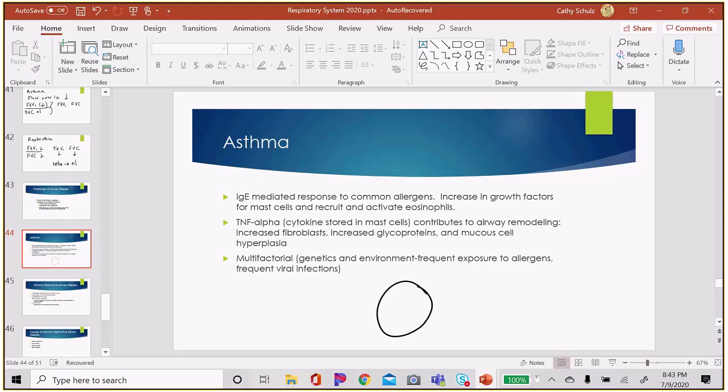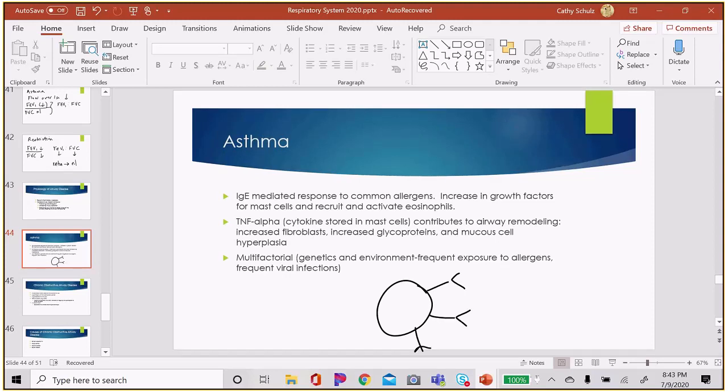For some people, our mast cells get sensitized to immunoglobulin, the IgE antibodies. For some reason, we have antibodies created against things like trees, pollen, drugs, cats, something that sensitizes these mast cells.